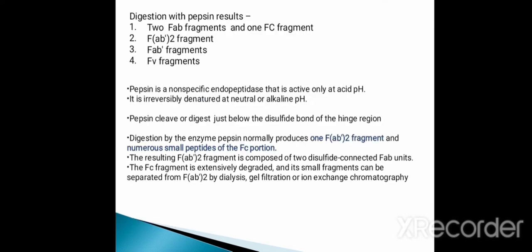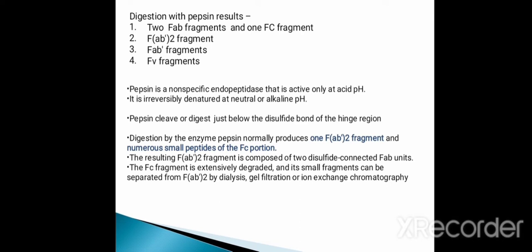Next, digestion with pepsin results in: option 1, 2 Fab fragments and 1 Fc fragment; option 2, F(ab')2 fragment; option 3, Fab prime fragments; option 4, Fv fragments. Basically, pepsin is a non-specific endopeptidase that is active only at acidic pH.